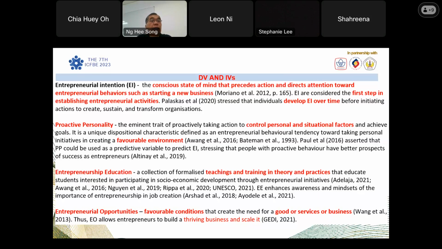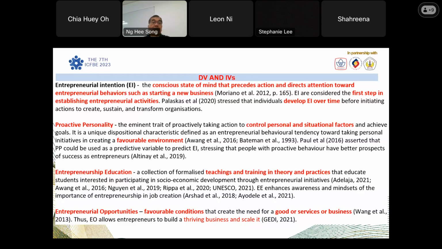The last one is opportunity. Basically, there is a need for such a product. If you have an opportunity to start a business, that can definitely enhance your intention to start a business. It is important to have a thriving business, I mean the economic environment is good. Most likely you will have the intention to start your business.